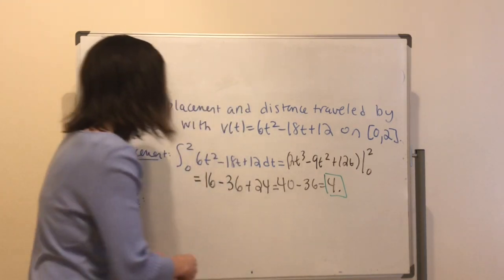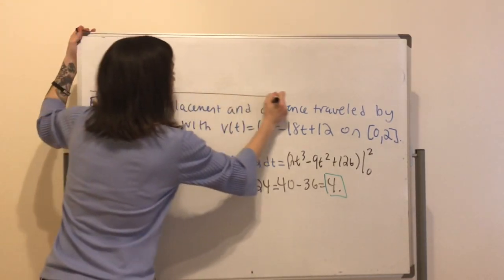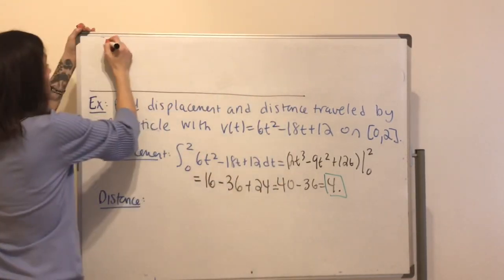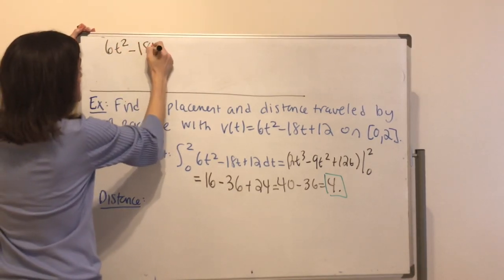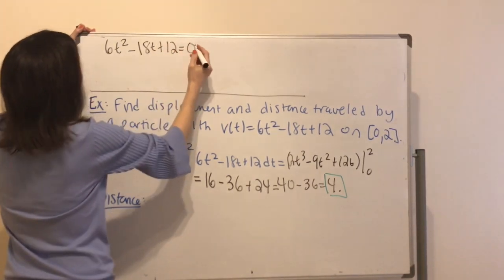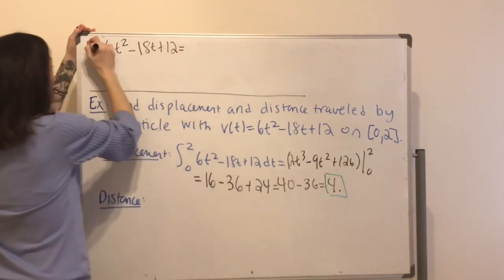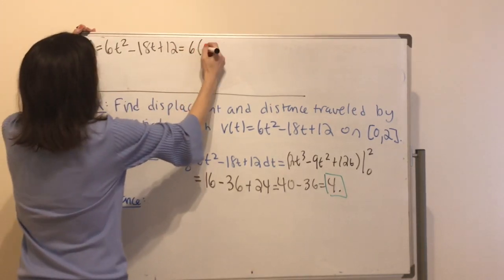Okay, so this is going to be my side work. Up here, my function is 6t squared minus 18t plus 12. I will set this equal to 0, or maybe I'll set it equal to 0 on this side so that I can factor here. I factor out a 6.